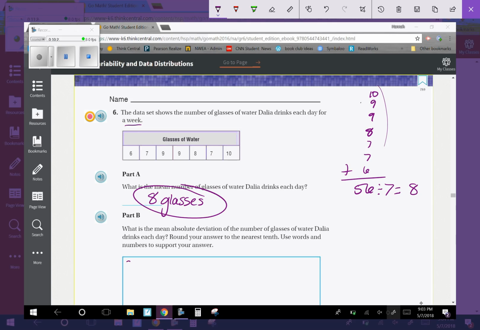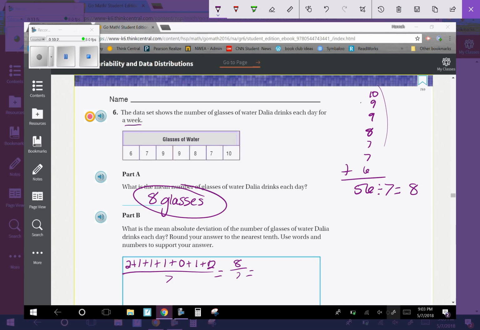So 6 is 2 away, so I'm going to take 2 plus 7 is 1, 9 is 1, 9 is 1, 8 is 0, 7 is 1, and 10 is 2. Take all of those, add them up, and divide by 7 again, which is going to give me, when I add those up, 2, 3, 4, 5, 6, 7, 8, 8 over 7.